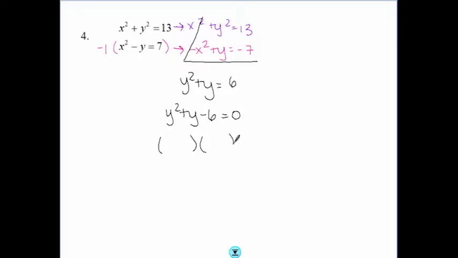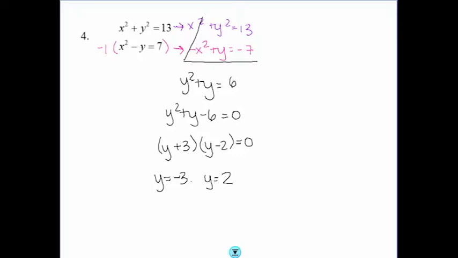When I factor this, I have y plus 3 and y minus 2. Since the value of a is 1, all I need to do is look for two numbers that multiply to negative 6 and add up to 1. So I end up with y equals negative 3 and y equals 2.